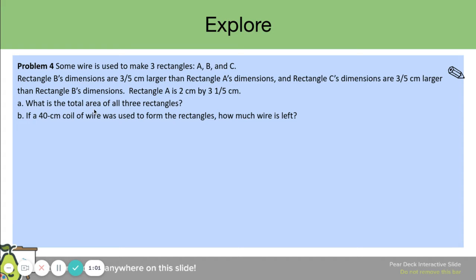What is the total area of all three rectangles?